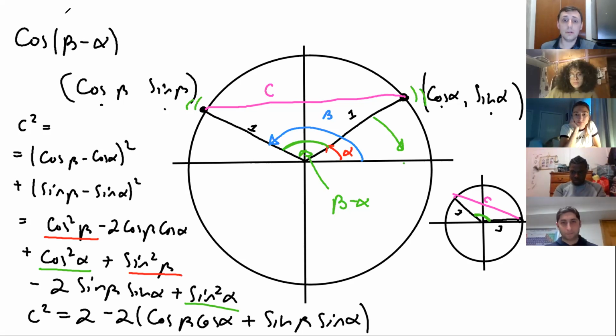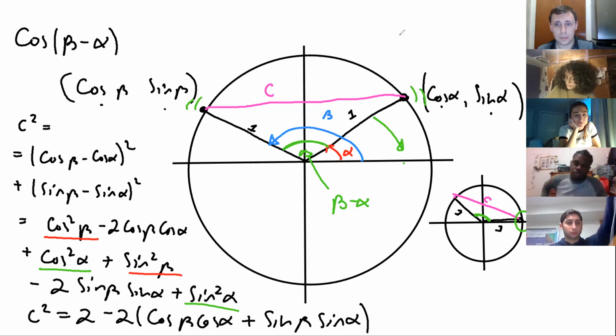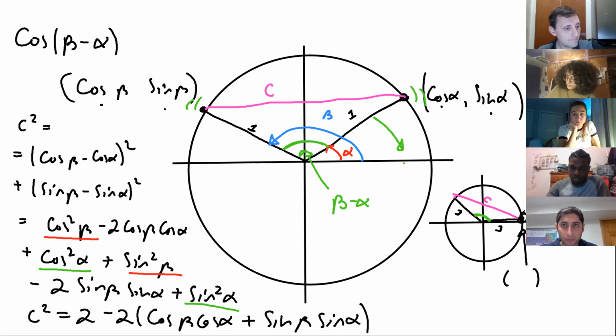Now, please tell me, what is this angle? Yes, it's beta minus alpha, right? You can see that beta is this wider angle here. Then help me figure out what are the coordinates here and here. What is this coordinate here? This point has what coordinates? Very good, it's 1, 0.